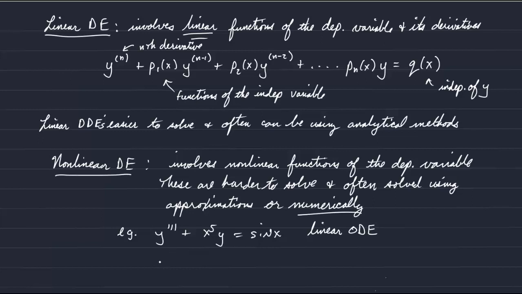In contrast, if we had the third derivative of y plus x to the fifth over y equal to sine of x, this is a nonlinear ODE because we have a nonlinear function of y.